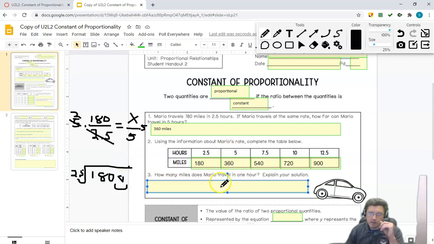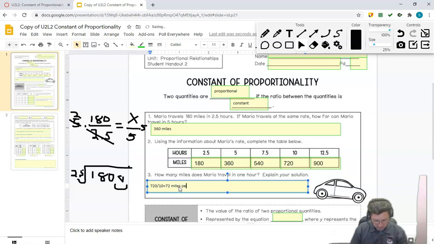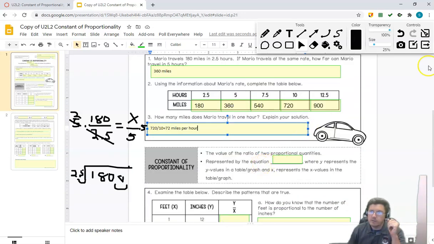Or we could do any of these other ratios, so we could do 360 divided by 5, or 720 divided by 10. This is the easiest one to do and the easiest one to see what the answer is, but the ratio is the same for all of them. So let's go ahead and just do the one that is easiest for us to do, and we'll say 720 divided by 10 equals 72 miles per hour. So the nice thing is if the rates are all the same, it doesn't really matter which one we use.